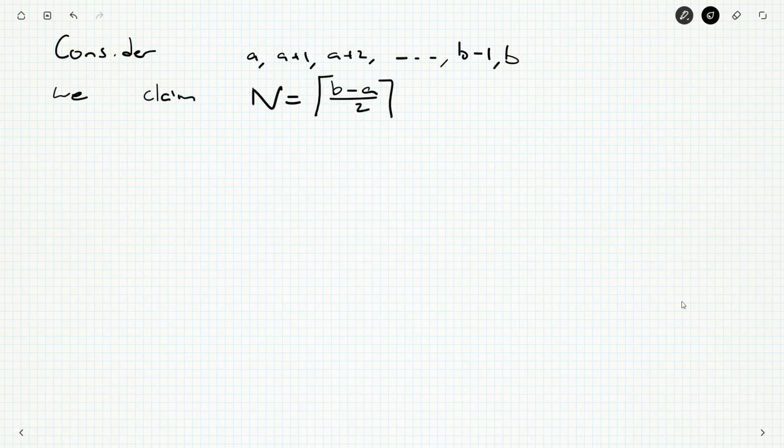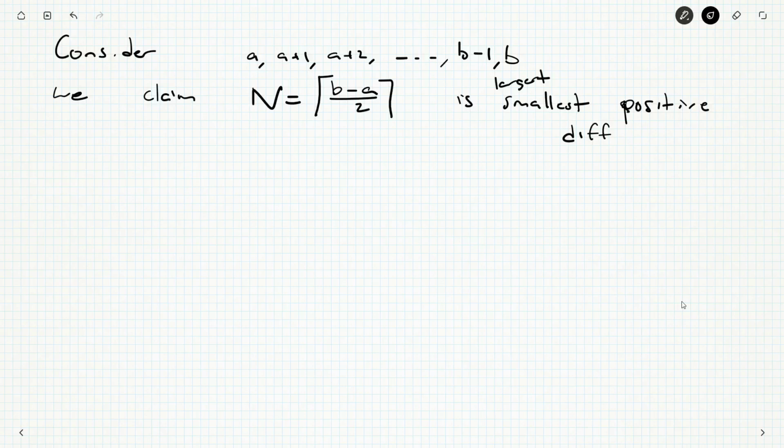That's what the ceiling symbol is, rounded up, if necessary. That is the largest, smallest positive difference. And so we can prove this the same sort of way. We'll have sort of two cases, I think. No, we won't need two cases.